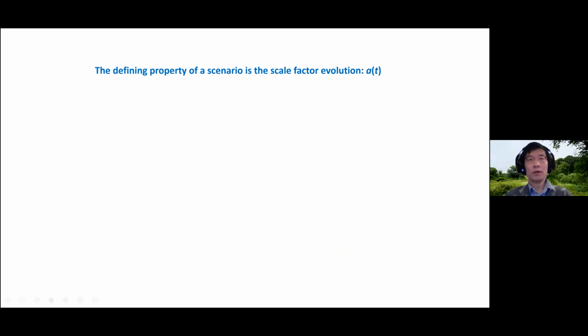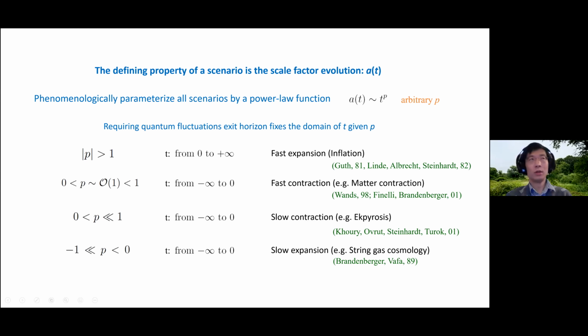Okay, so the defining property of a scenario, independent of its model realizations, is very simple: just the scale factor evolution, a as a function of time. The approach of this talk will be very phenomenological. We will ignore the detailed realizations of any such scenarios, and we will parameterize all scenarios by a simple power law, t to the p, where p is arbitrary.